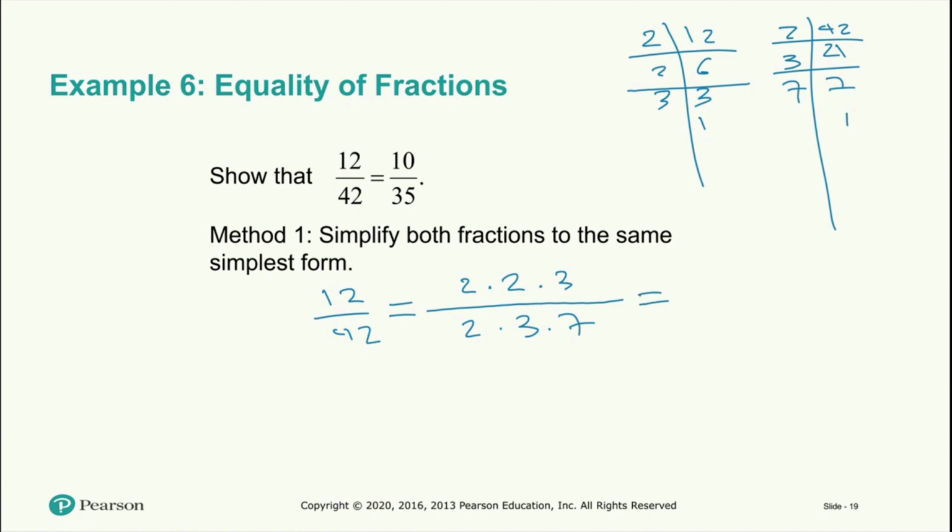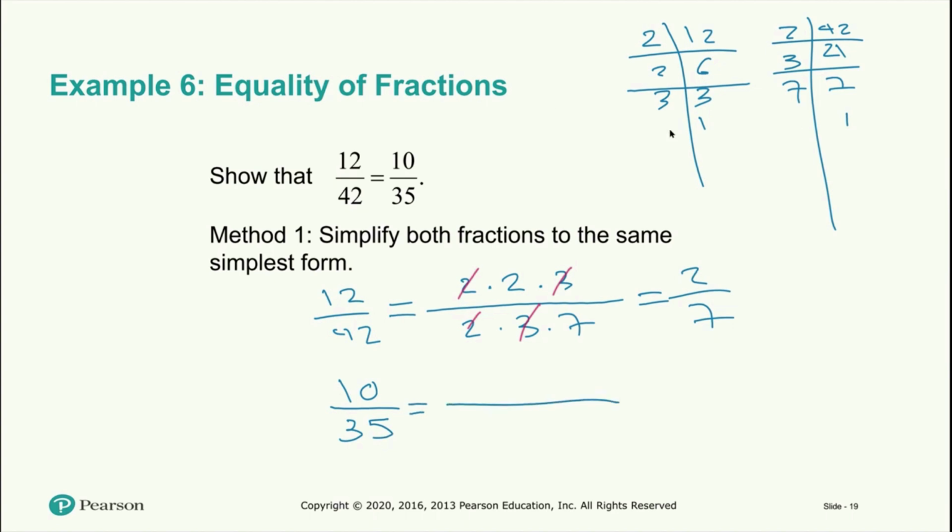So now we notice that we can cancel one of the 2's on the top with one of the 2's on the bottom, and one 3 on the top with one 3 on the bottom, and we're left with 2 7ths, right? Now, if I do the same thing with 10 over 35, this is really simple.